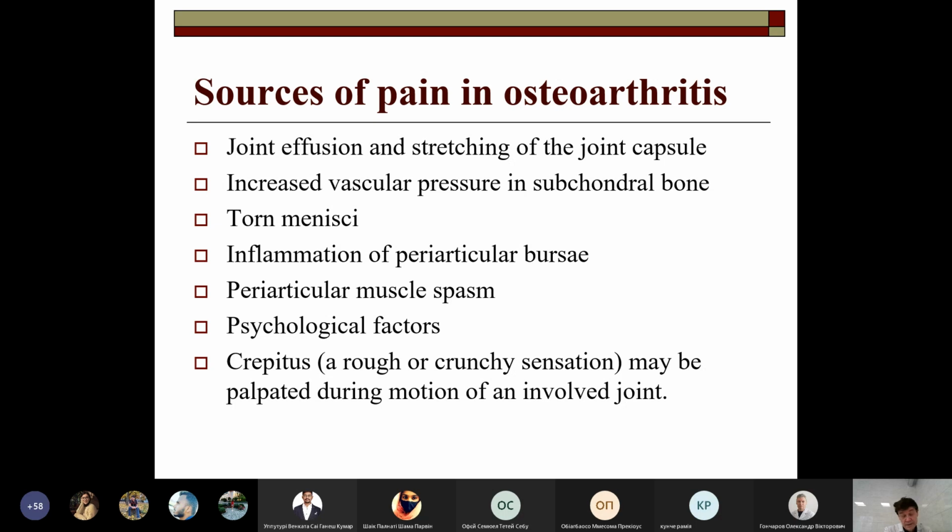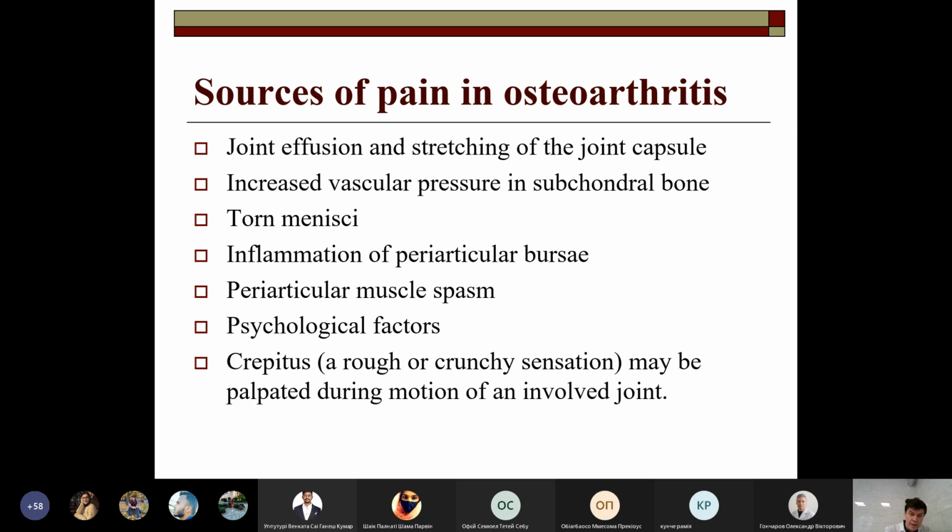So finally, please take into consideration that the meniscus being destroyed is the main component that leads to recurrent reactive synovitis.